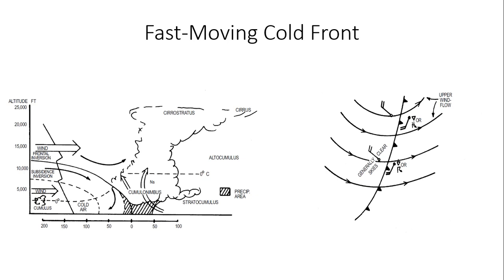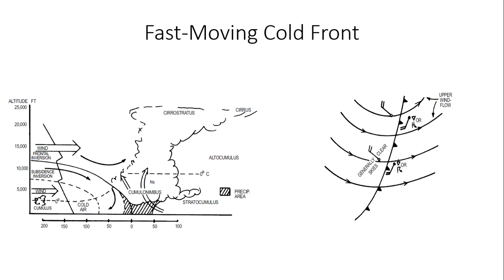So here's an example of a fast-moving cold front. You notice how much taller these clouds are. You get some towering cumulus and cumulonimbus, a lot more atmospheric instability. The slope of this fast-moving cold front is much steeper, so you get a much more vigorous or accelerated lifting of the warm air ahead of the colder air.